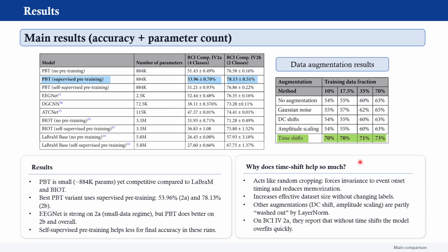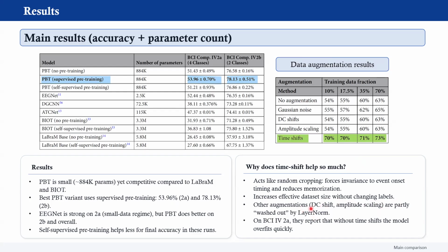What they are saying is that with time shift, since you're randomly cropping the signal and shifting it around, it forces invariance to event onset timings. This can reduce memorization, so it helps the model actually learn the pattern of activity rather than simply memorizing the event onset. It also increases the effective data set size without changing any labels.